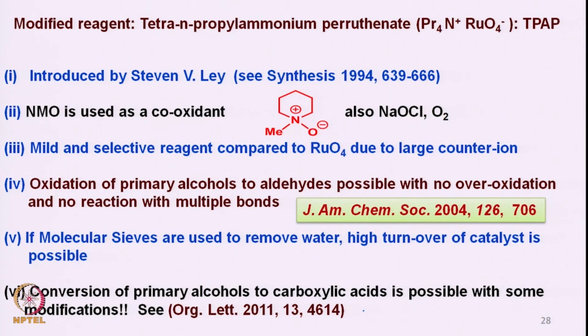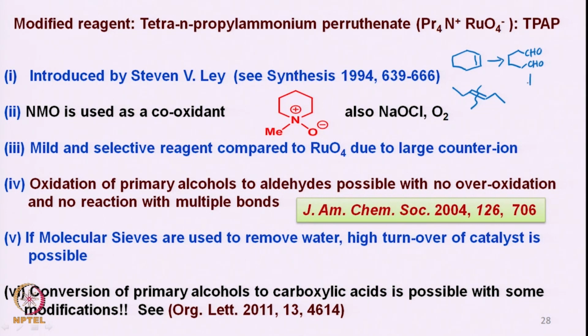But many a time when such conversions are required to be stopped at the aldehyde stage, there is a problem, and this becomes more important when you carry out oxidative cleavage of a cyclic olefin or even an acyclic olefin with substrates which can give the corresponding aldehyde, but then these aldehydes are oxidized to the corresponding acid.